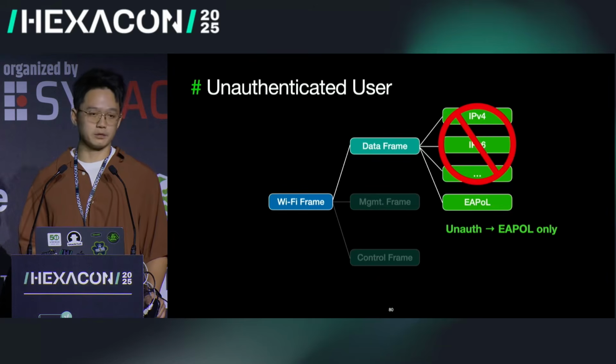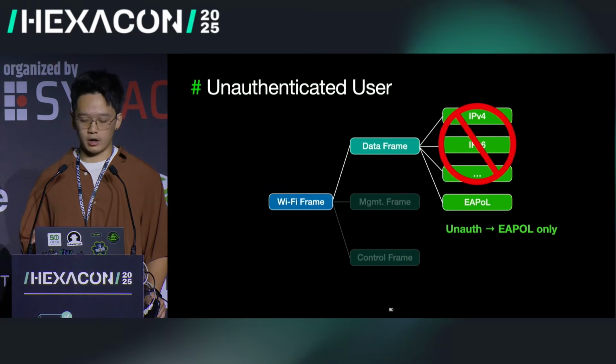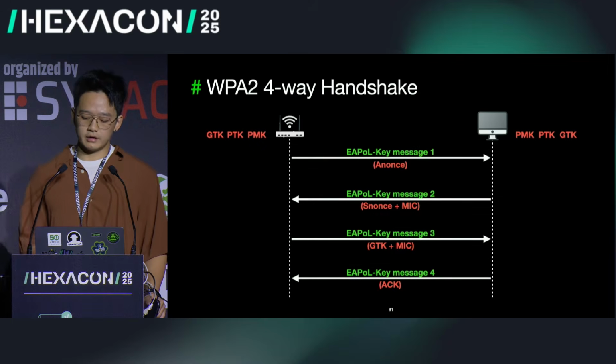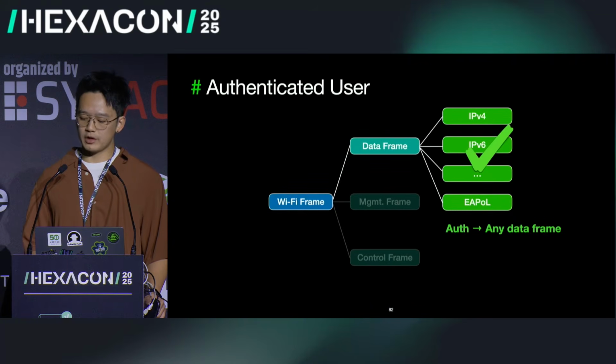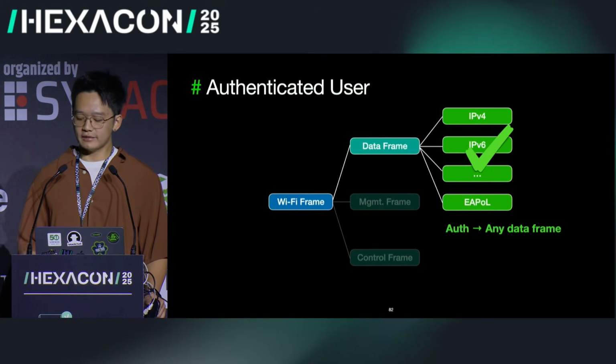So what is the purpose of EAPOL frames, and why are unauthenticated users allowed to send them? This is because they are used to exchange information required for WPA2 authentication. They carry data such as nonces and the broadcast key. Once users finish WPA2 authentication, they can send any encrypted data frame and freely access the AP's network.